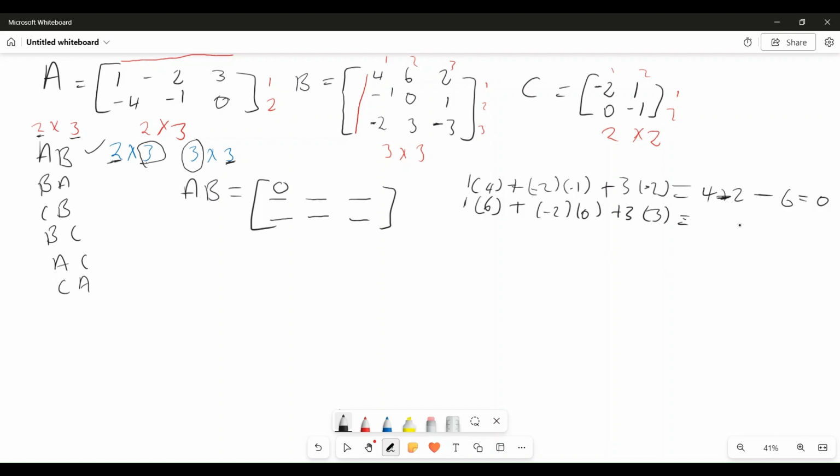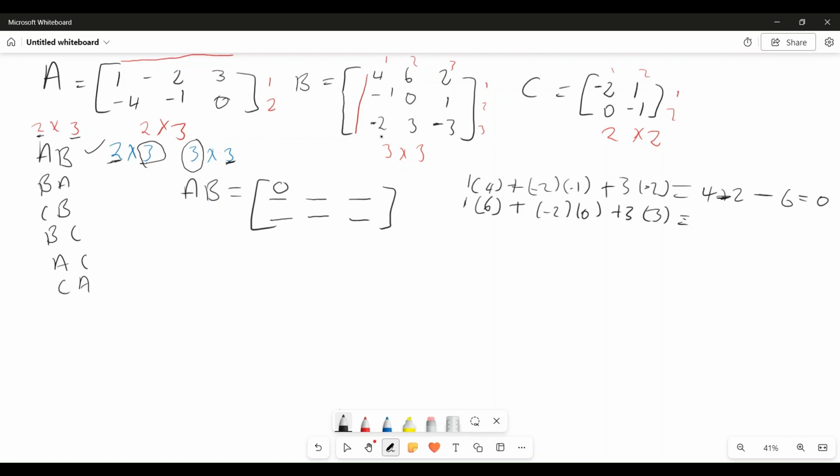If you keep track of these numbers, they are the ones that come from the row of A: 1, minus 2, 3. They won't change.